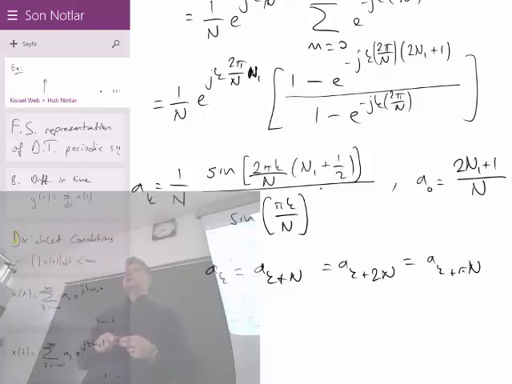Therefore, you will need two things from each chapter. One of them is the list of properties table. What happens if I shift the signal? How will it behave? What happens if I accumulate or take the differential or the derivative? What would be the corresponding Fourier series coefficient?